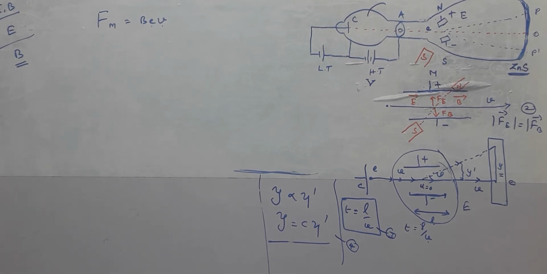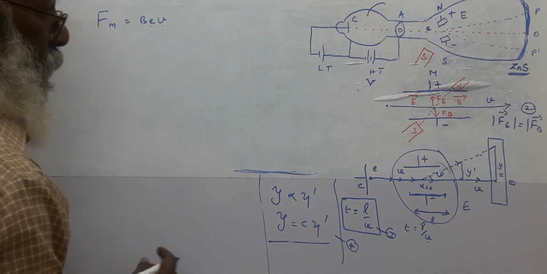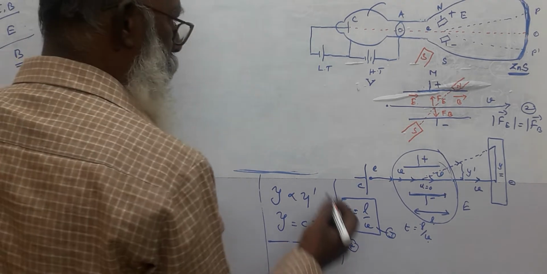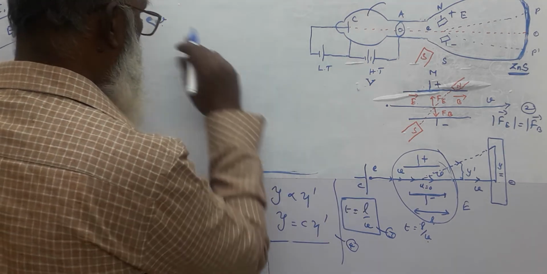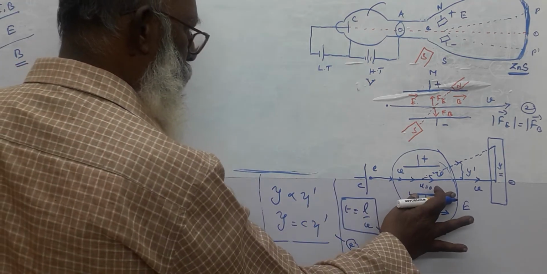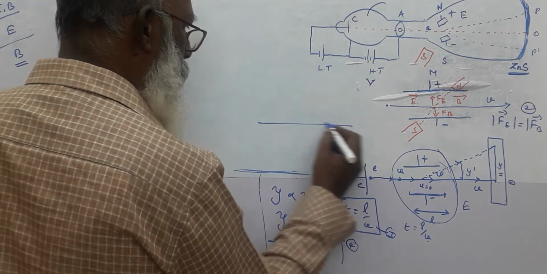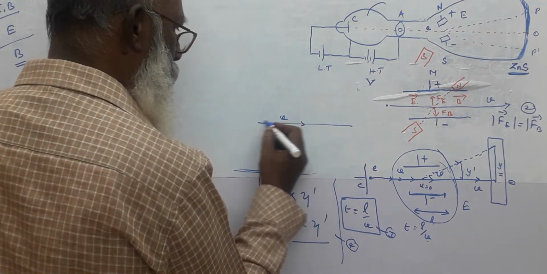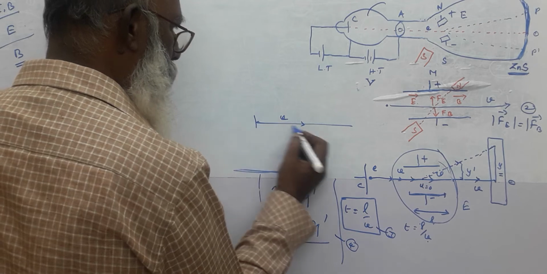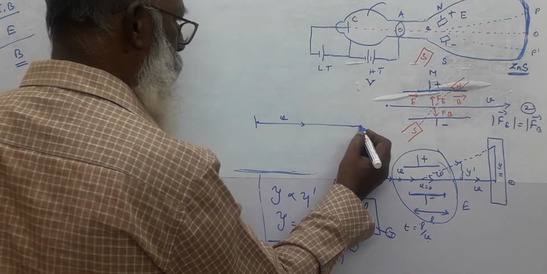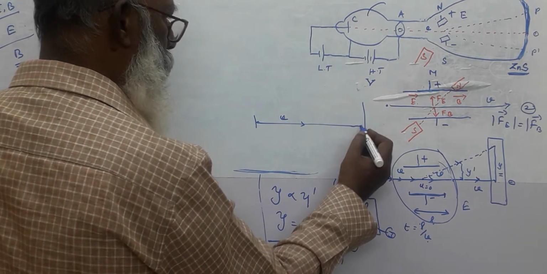Another thing may happen here. When we apply only the magnetic field instead of the electric field, a fast moving electron with velocity v from the cathode terminal may be displaced on the screen.